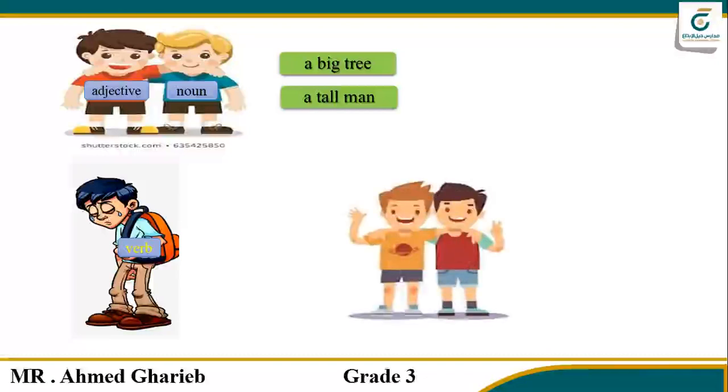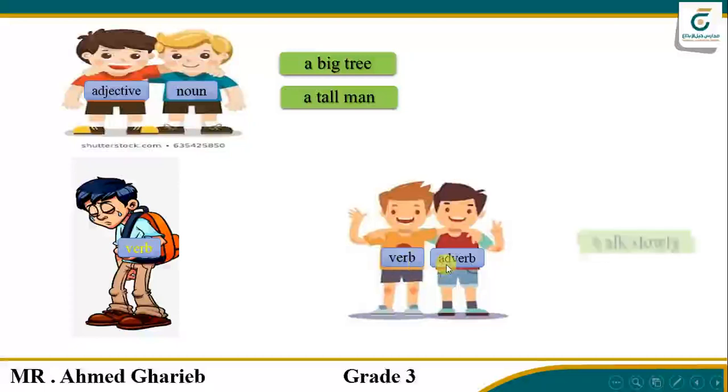Wow, finally, we found it. We found a friend for the verb. It is the adverb. We found a word to describe the verb, as there is a word to describe the noun, which is the adjective. Now we have a word to describe the verb, which is the adverb.